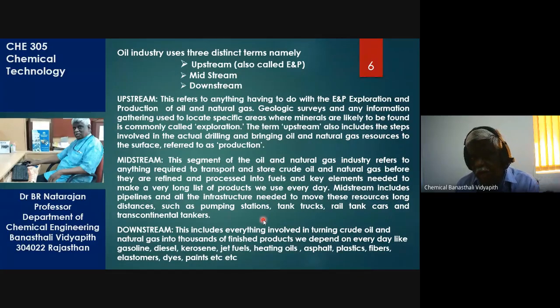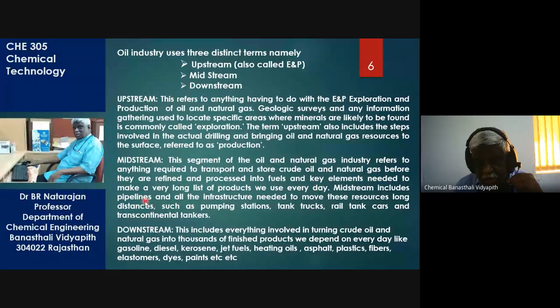Or you have crude oil in one country and it is brought to another country for refining. So shipping, tankers, oil tankers, super tankers, all that is midstream. So midstream refers to anything required to transport and store the crude oil and natural gas before they are refined and processed into fuel.